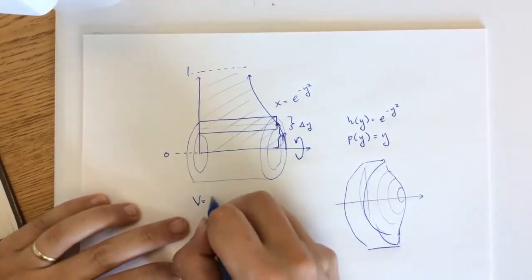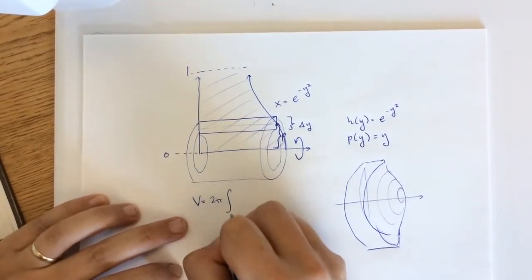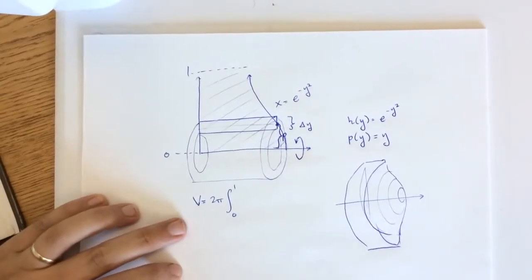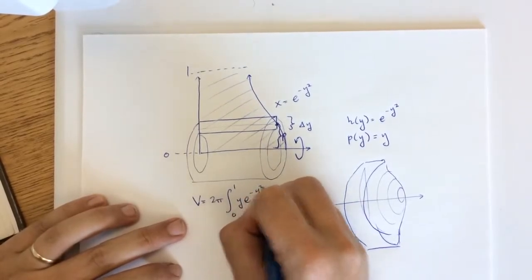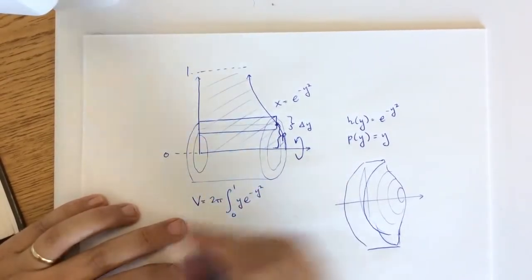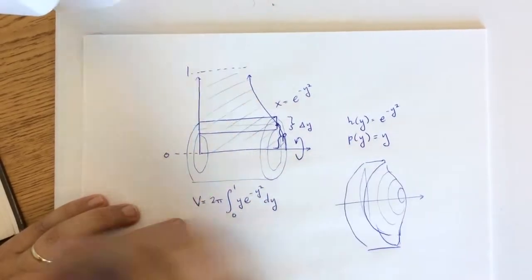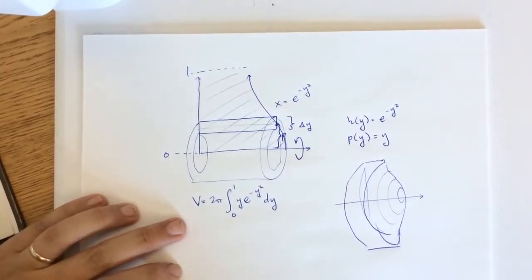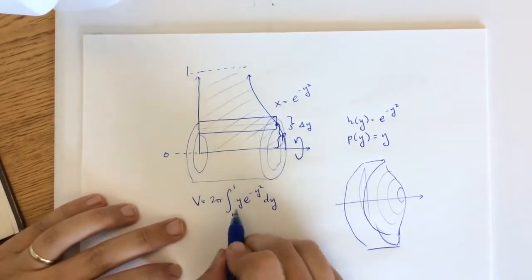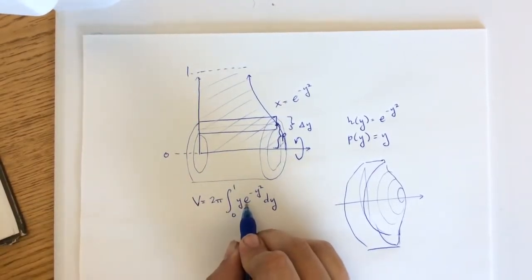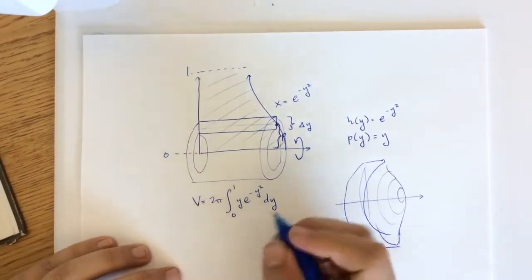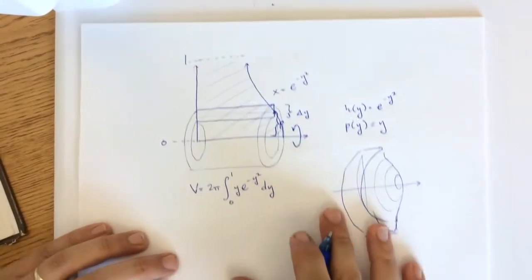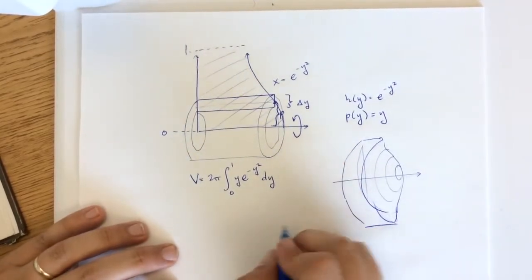Okay, the volume would be given by 2 pi times the integral from 0 to 1 of h times p. So that's going to be y times e to the negative y squared dy. The antiderivative of e to the negative y squared is, well, let's use u substitution.